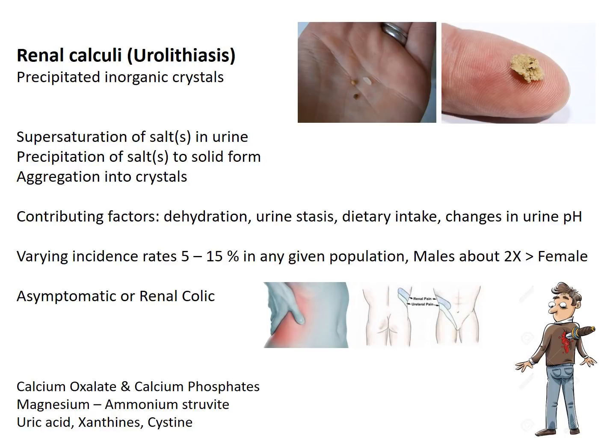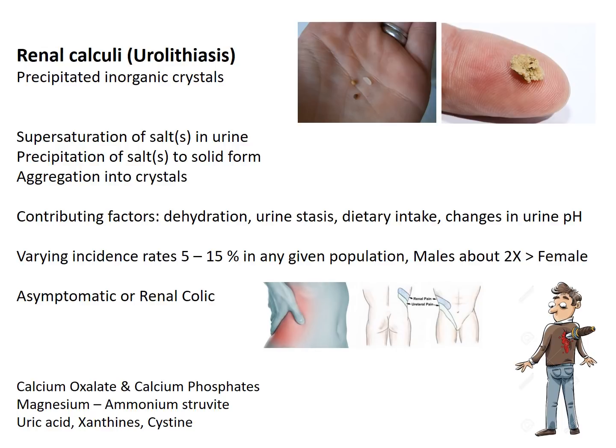Not a fun experience. All right, what are the crystals that make up these stones? The most common are calcium oxalate, but we can see other types of salts can precipitate: calcium phosphate, magnesium ammonium struvite, uric acid, xanthine, and cysteine. Those are a little less common.